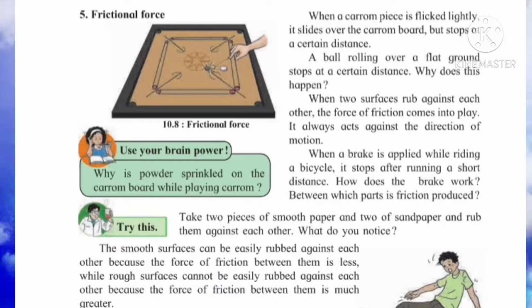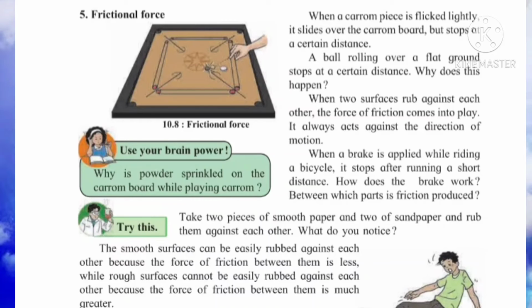There are two surfaces. Which two surfaces? The tire surface and the land. So when we apply the brakes, there is friction between the tire and the ground, and so the cycle stops. The cycle stops after applying the brake because of the friction when they rub.